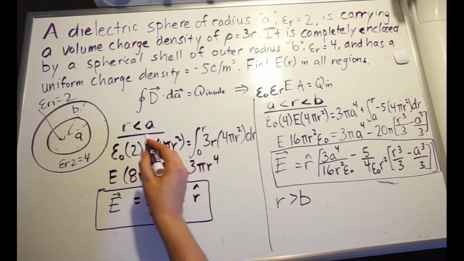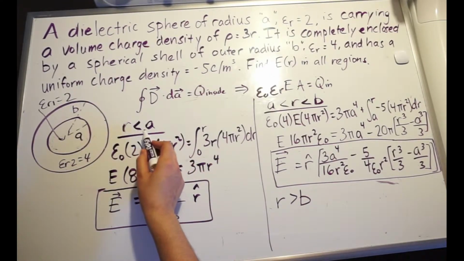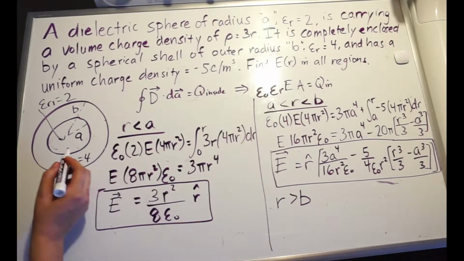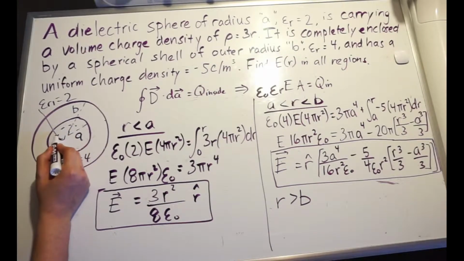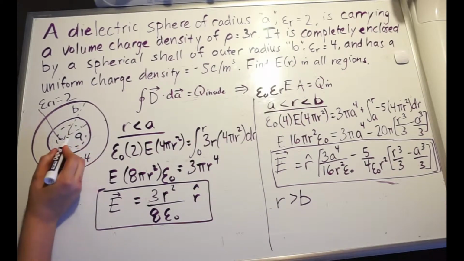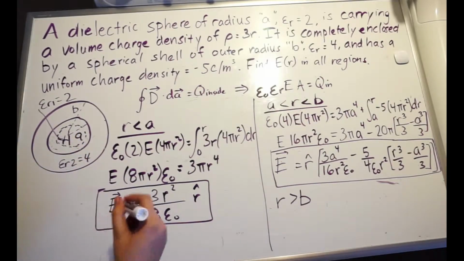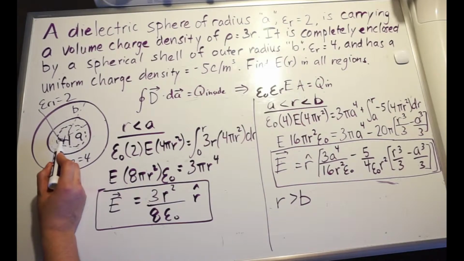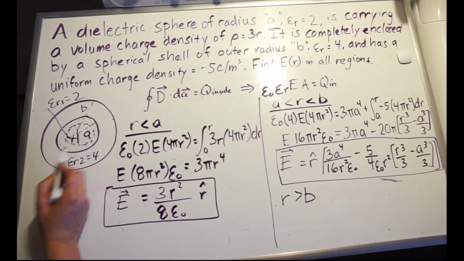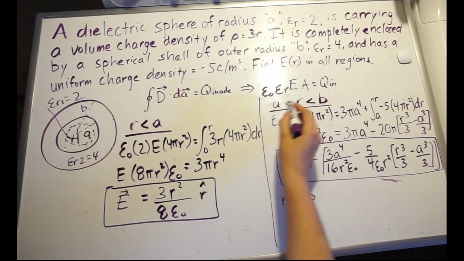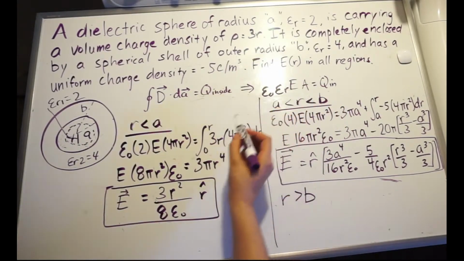Let's do the first one, where the radius of the Gauss surface is less than A. It's going to look like this, radius r. So this is a Gauss sphere of radius r less than A. We take this equation and start plugging in.